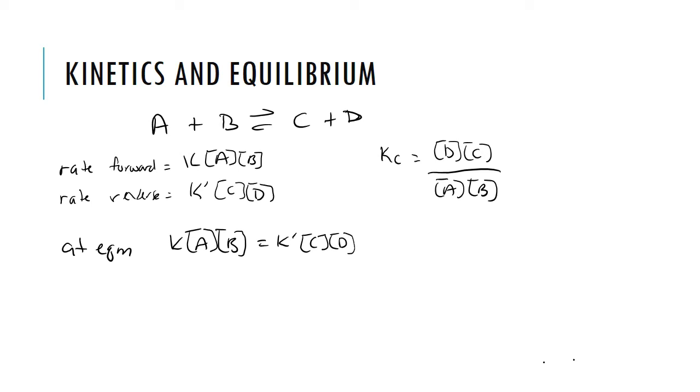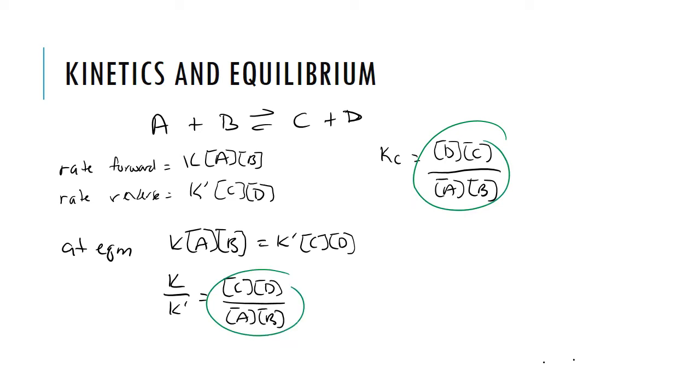Say that 5 times fast, right? When we work this out, k over k prime equals the concentration of C, D over the concentration of A, B. Oh, interesting. Those are the same.